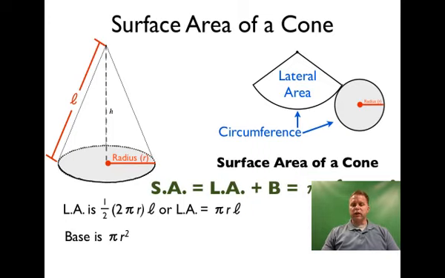We said that the lateral area is equal to pi times r times L. You'll need to have that written down somewhere so that you can do the problems tomorrow. Plus the area of the circle, pi times r squared. So again, you're going to need the guided notes and you're going to want to write this down.